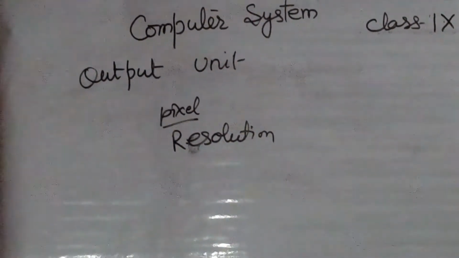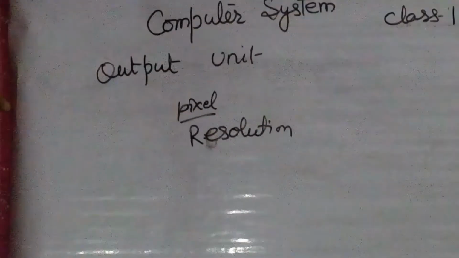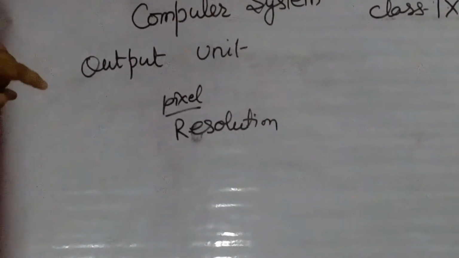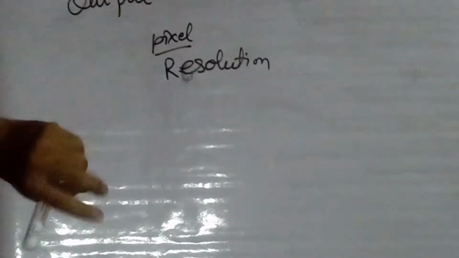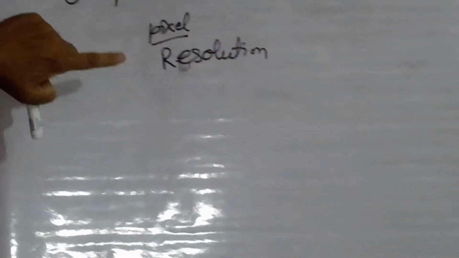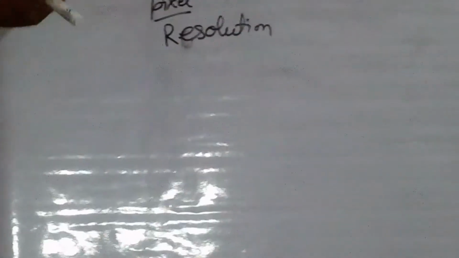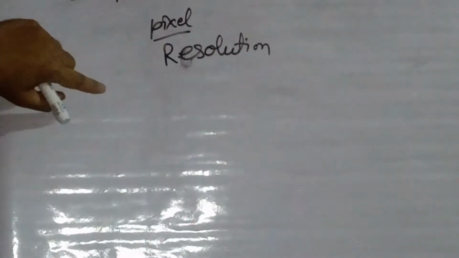Higher density of pixels creates higher resolution, and lower density of pixels means lower resolution. If resolution is higher, then picture quality is much better, and if resolution is lower, then picture quality is dim. So picture quality depends upon the resolution of the monitor, and resolution depends on the number of pixels on the screen.